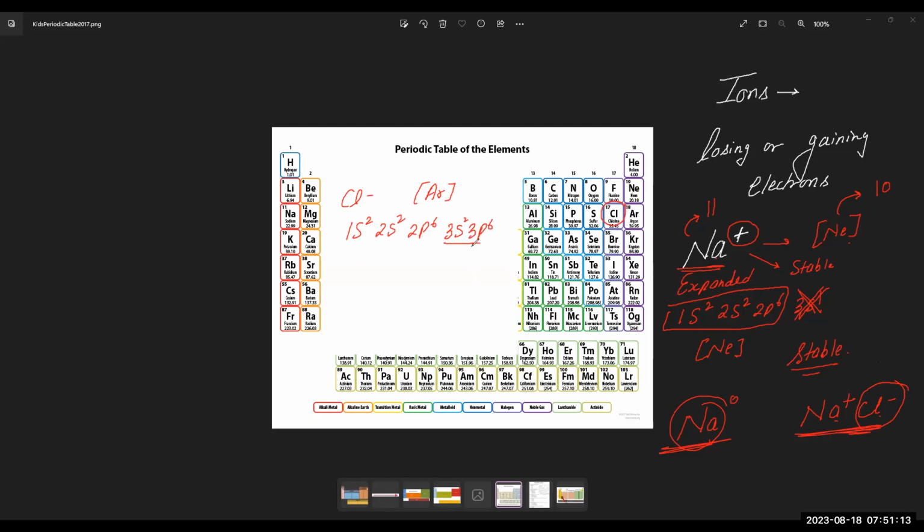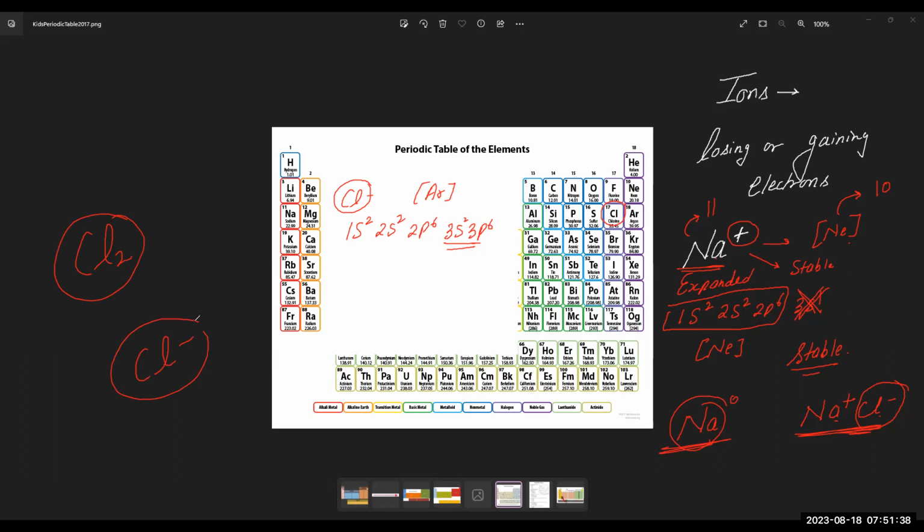It's stable. That's why you will not see even chlorine, Cl2 gas, in nature. Maybe on other planets, not on Earth. It's a very reactive gas. But you will see plenty of compounds containing Cl minus, in most salts.